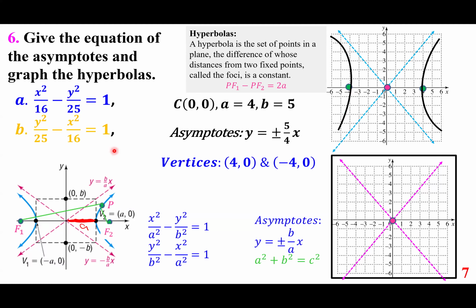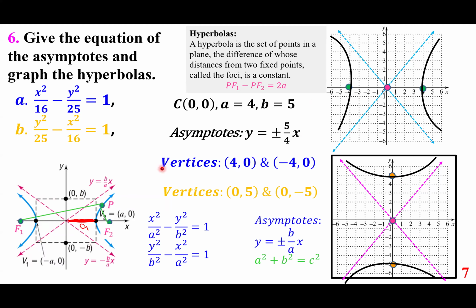For part B, everybody, the vertices are up and down. Because the coefficient of y squared is positive, they are at 0, 5 and 0, negative 5. So up and down by 5 units. And those are the graphs. Now, this is the same, the asymptotes are the same. And if you look at this one, this is called a fundamental rectangle. You can graph that to help you draw.